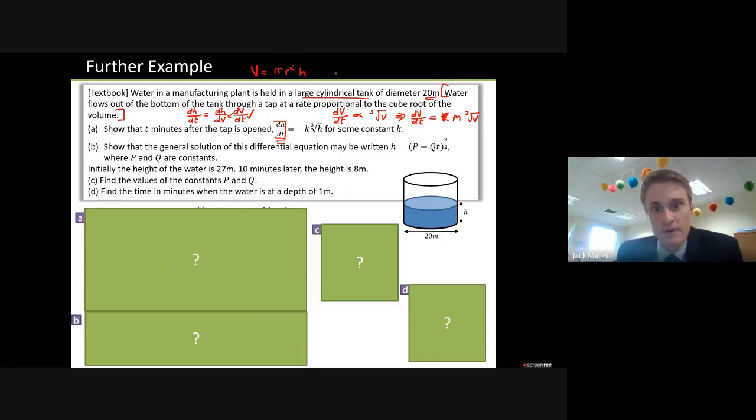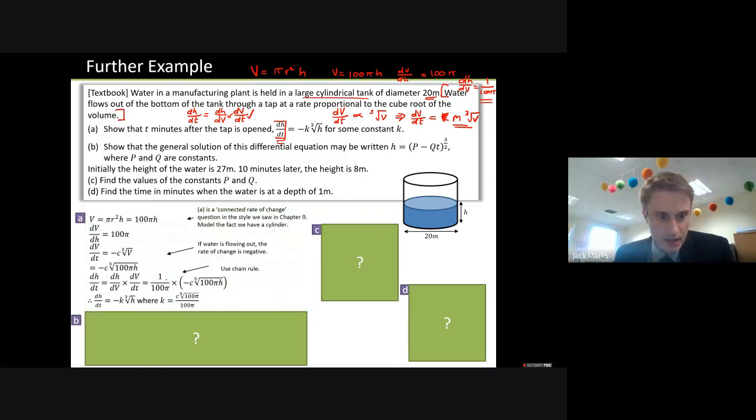So V equals, let's say, 100 pi h. And then if you differentiate, you get dV/dH equals 100 pi. That's dH/dV, so turn it upside down. dH/dV is 1 over 100 pi. So I'm going to multiply that one there by that one there. Let's have a look at their solution.